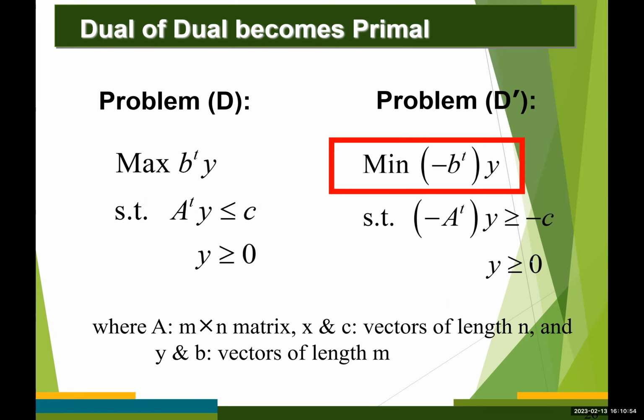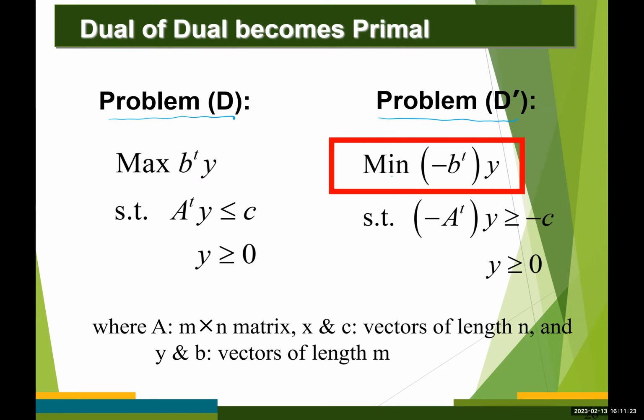So in this case, problem D is equivalent to problem D prime. Minimizing the negative of a function has the same solution, except for the sign, as maximizing the function, right?